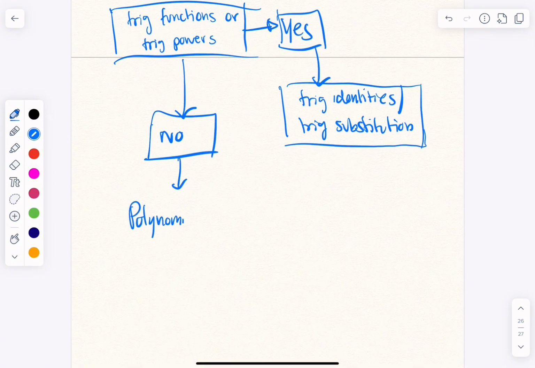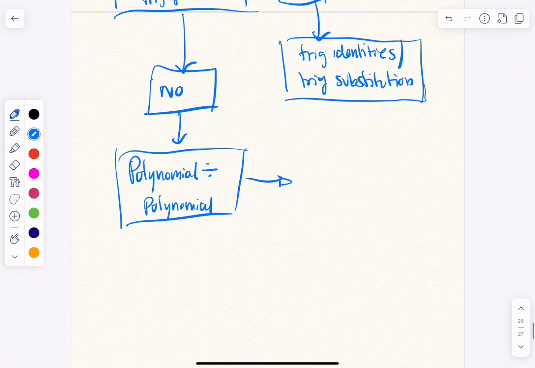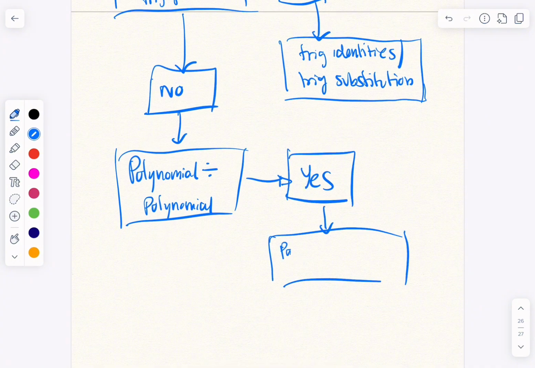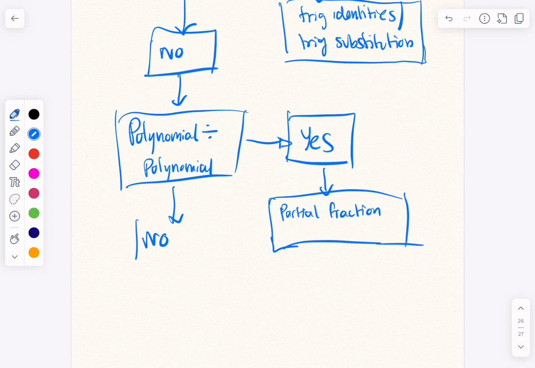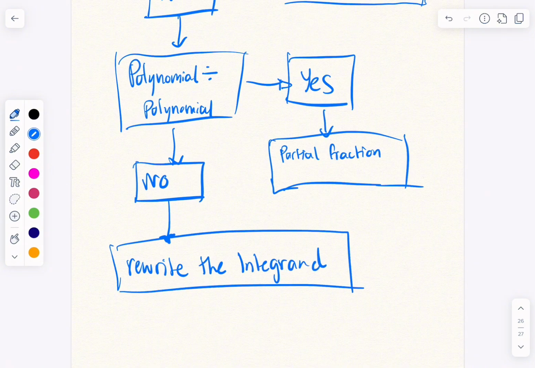Is it polynomial divided by polynomial? If that's the case, then I want to use partial fractions. And if none fit, then I want to rewrite the integrand.